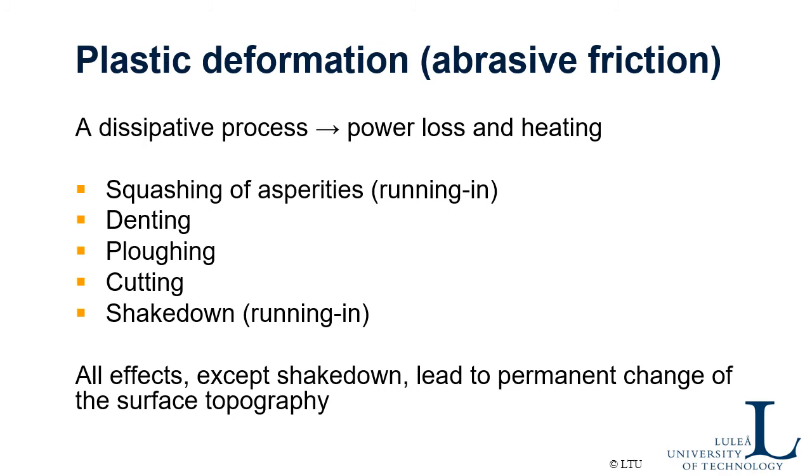Okay, let's start with a plastic deformation type of friction, or we may call it also abrasive friction. That's because it's the type of friction you get when you take a sandpaper and grind a piece of wood.